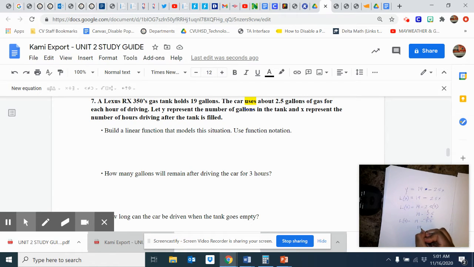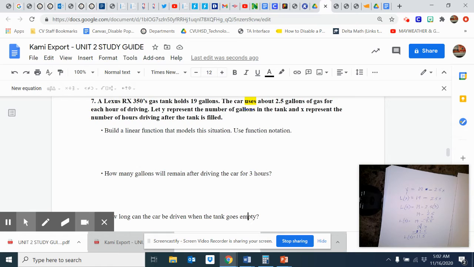You can put a 0 here. Minus 7.5. Borrow. And you have, after 3 hours, 11.5 gallons left of gas.